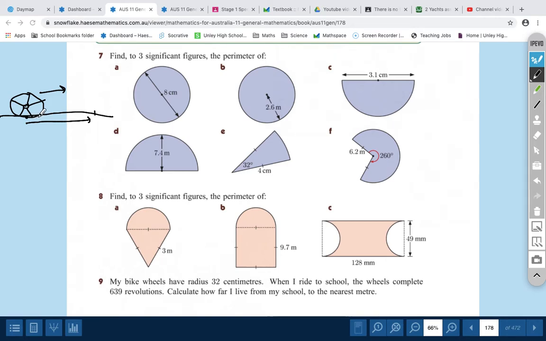Actually, the bit that's touching the ground would go that way around, and it gets back to there, and the wheel's now over here.